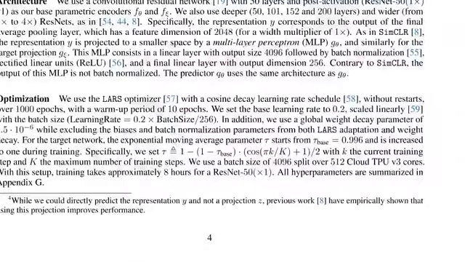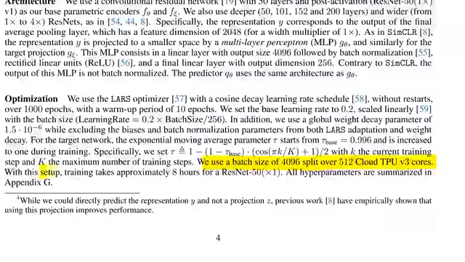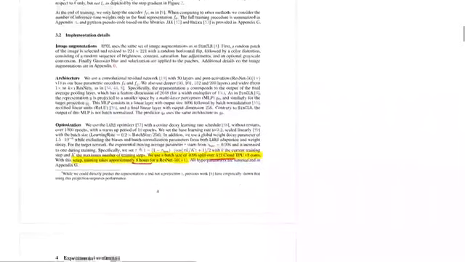For example, we use a batch size of 4,096 split over 512 TPU v3 cores. With this setup, training takes approximately 8 hours for ResNet 50. So they train 8 hours on 512 TPUs. Just imagine that. That's a crazy amount of computation again going into these models.